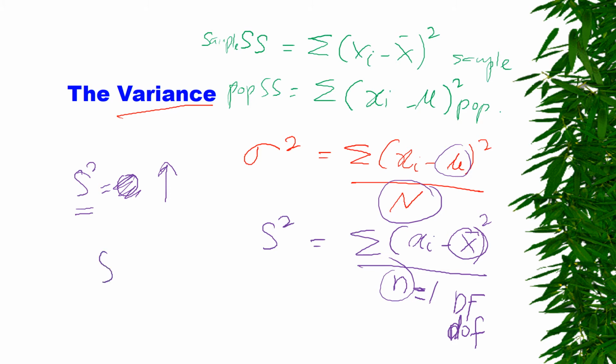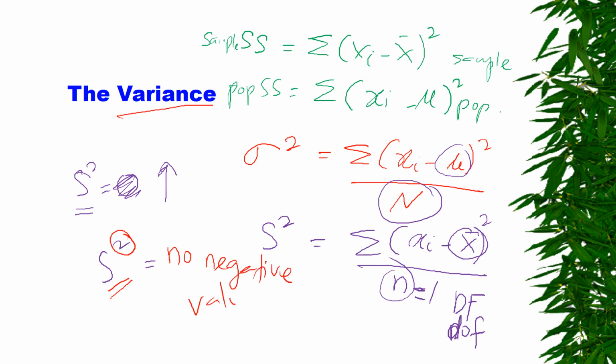Since the sample variance is a mean sum of squares, it can never be a negative quantity. Another note, which I want to put in red here: because of the square, there is no negative value in a sum of squares or a sample variance.